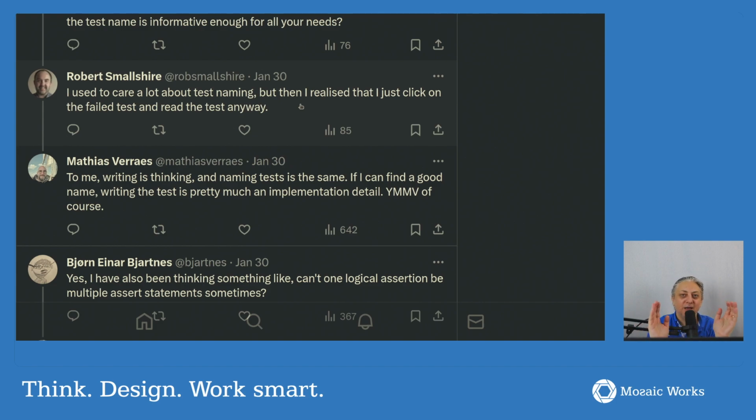This is really cool. And I know there are some systems where you can actually generate some text from the name of the test and the asserts.